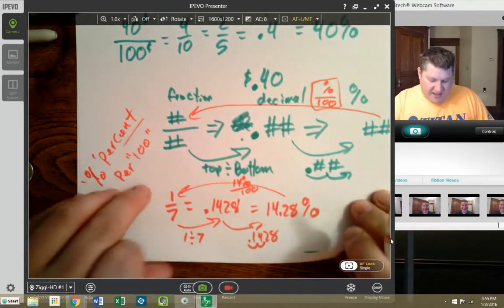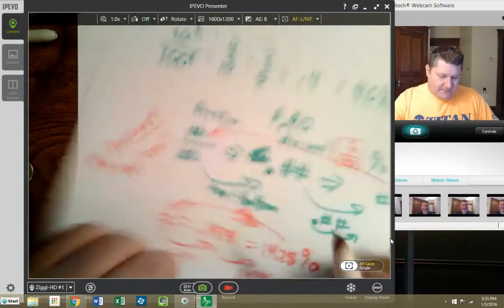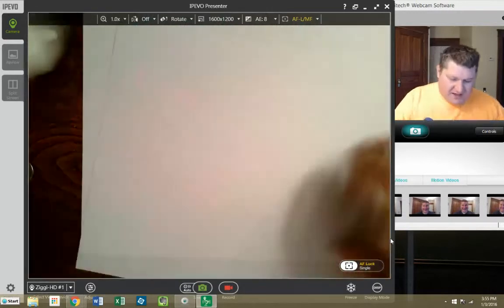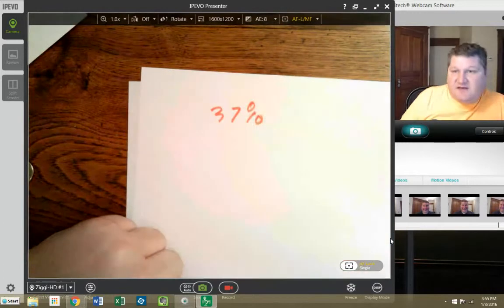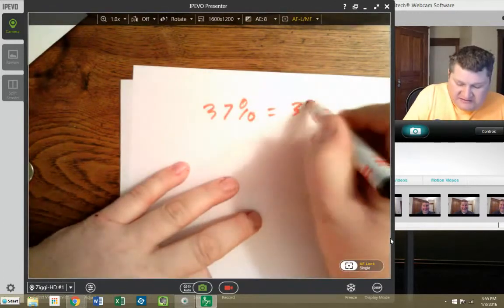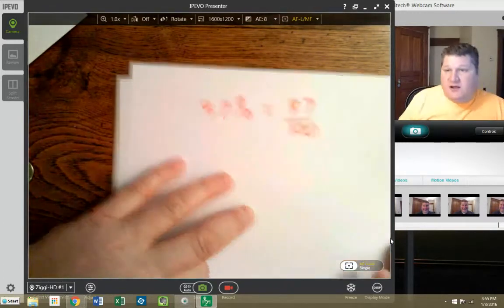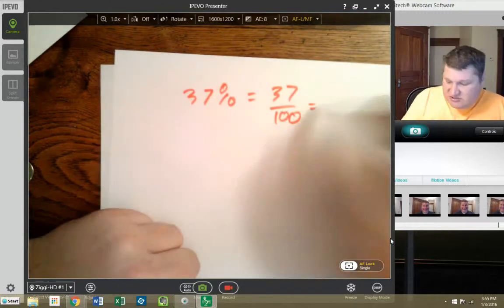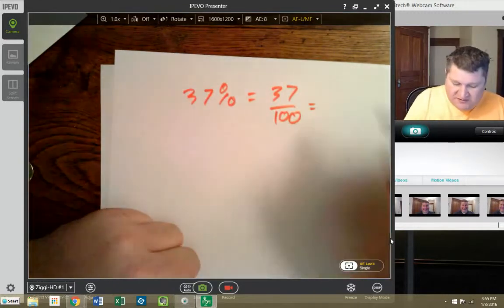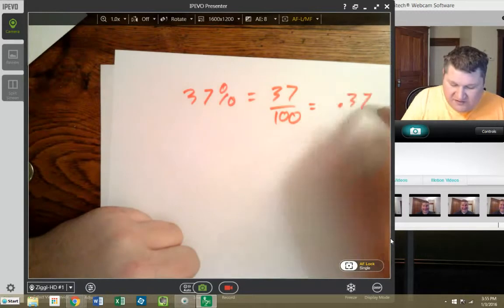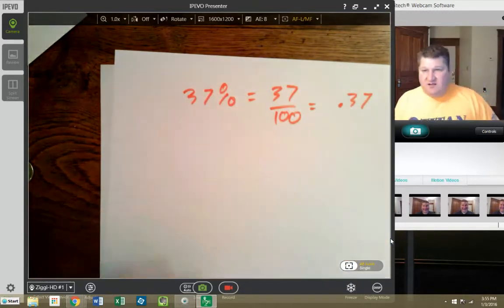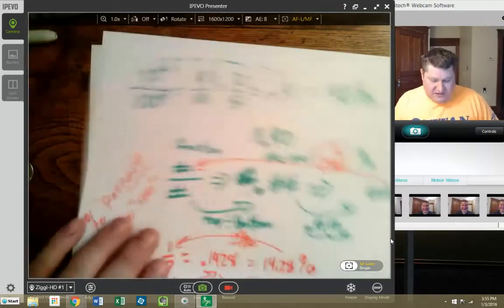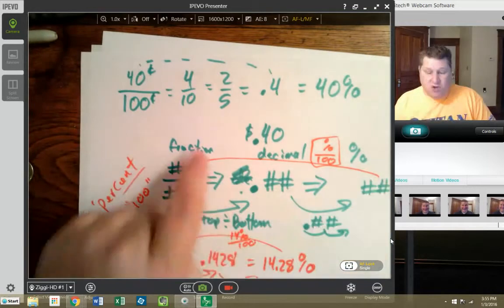So if I have, say, 37%, I really have 37 over 100. And I could even change 37 over 100 into a decimal, and that makes 0.37. And if I move the decimal 2 spots, it will take me exactly back to 37%. So I can move between fractions, decimals, and percents all over.